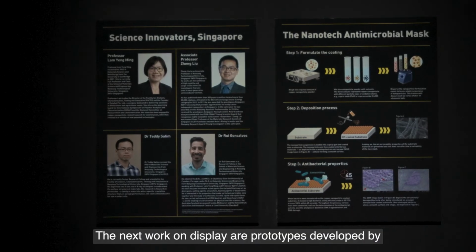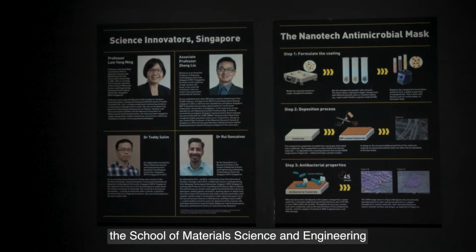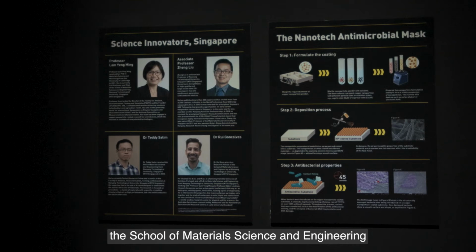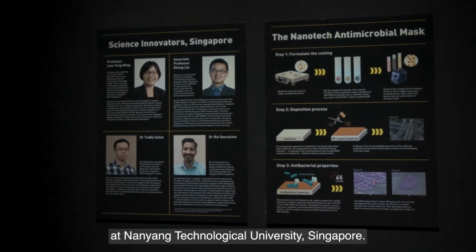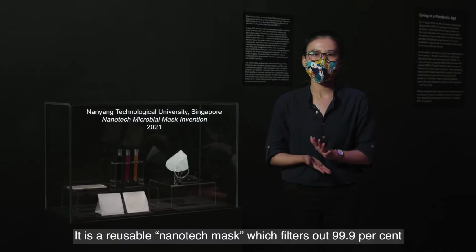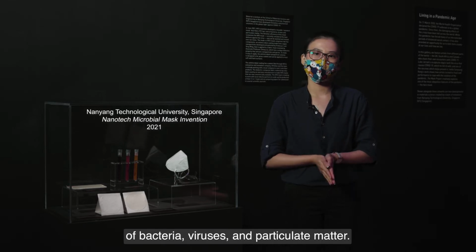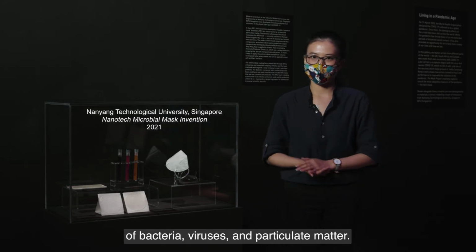The next work on display are prototypes developed by the School of Material Science and Engineering at Nanyang Technological University, Singapore. It is a reusable nanotech mask which filters out 99.9% of bacteria, viruses, and particulate matter.